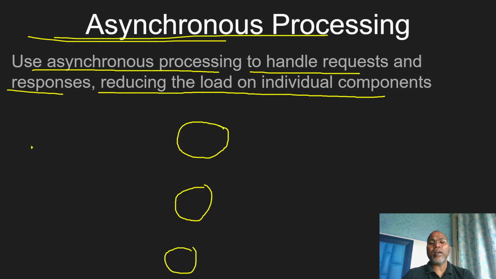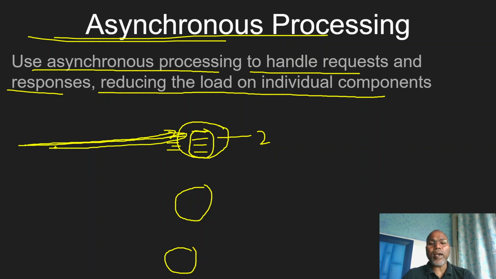If they are given a request and this request takes a while to process, don't tell the customer to wait until your request is done. If it requires 2 minutes, why should your users wait for 2 minutes here? Just respond quickly: hey, I received your request and I'll process it further and update you.